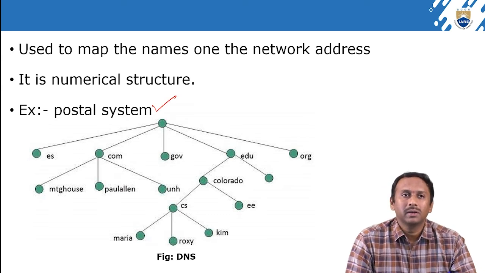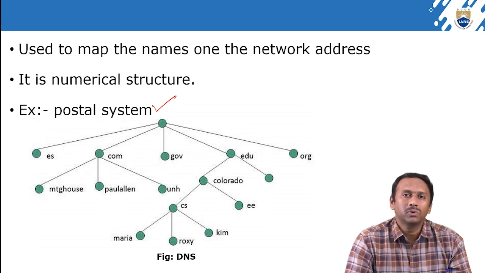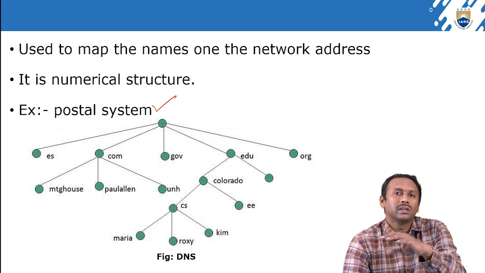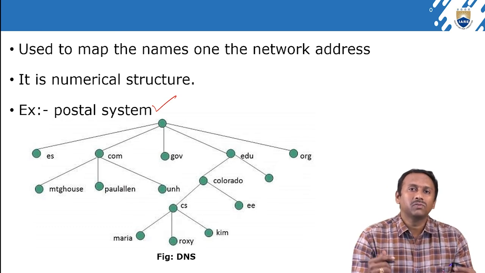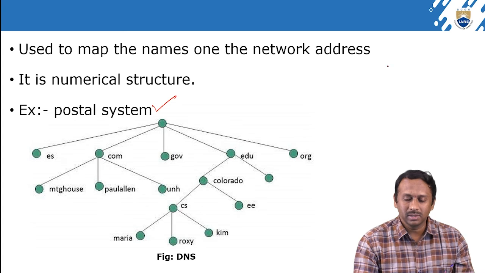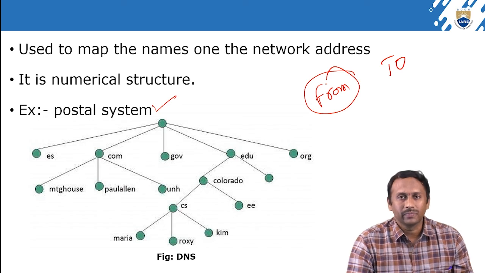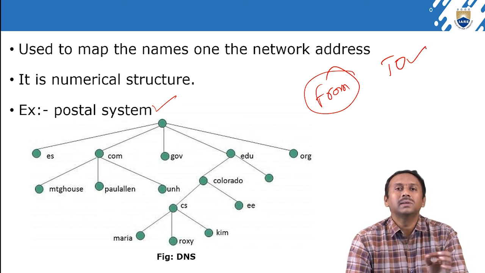In the postal system, if you write a letter and are going to post it, in the space specified you write the to address and the from address. The from address is your address, the sender address, and the to address describes the recipient address.